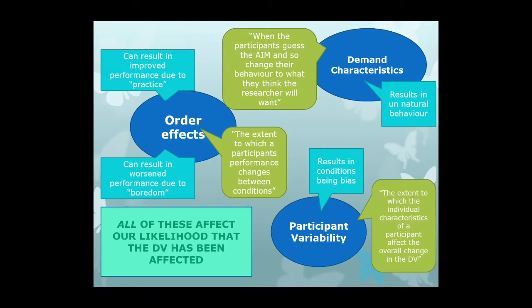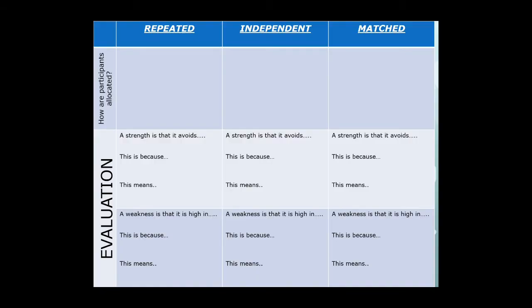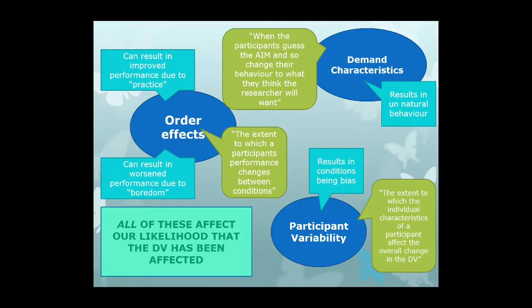So if you look at the next bit, what else do we need to say? This is because. So repeated measures design avoids participant variability. This is because it is the same participants who are completing both conditions. That therefore means they are being compared against themselves.